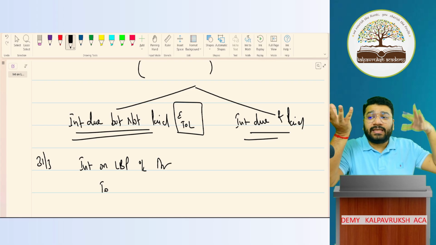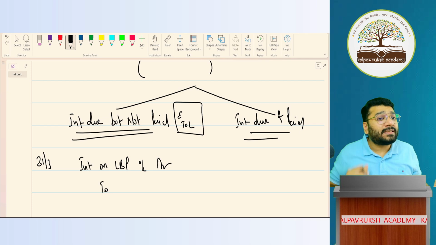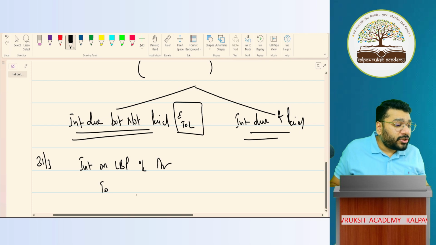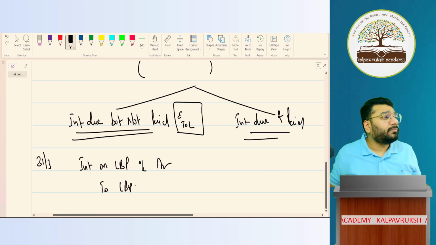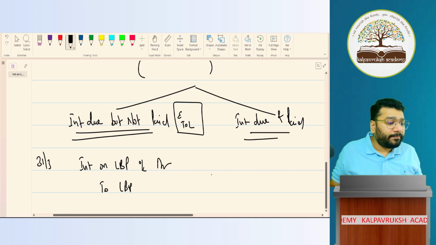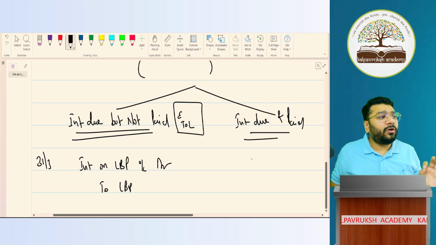So in CBSE, in CA Foundation, what did they tell? Instead of having two ledgers, combine them in one ledger called loan by partner ledger. So I will take this to loan by partner ledger. Any problem? Okay. Interest due and paid. I will record this entry on what date?